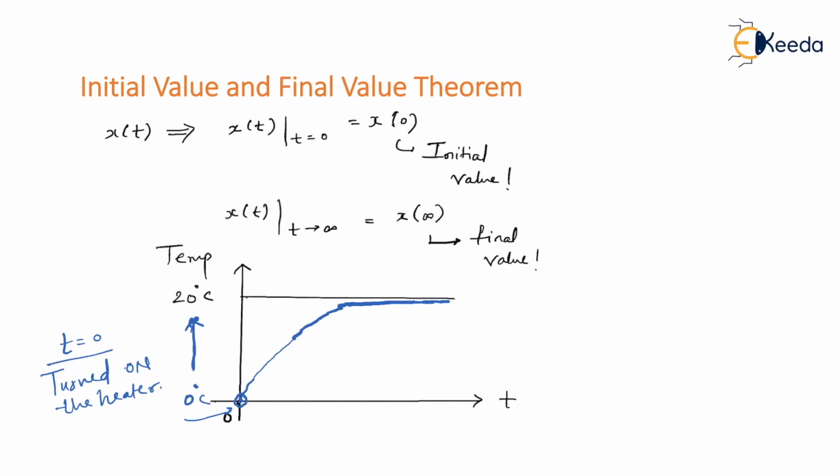Or practically, assuming that it is not exactly reaching 20 degrees centigrade, it must have reached somewhere near 19.9 degrees centigrade, and therefore you see some difference.